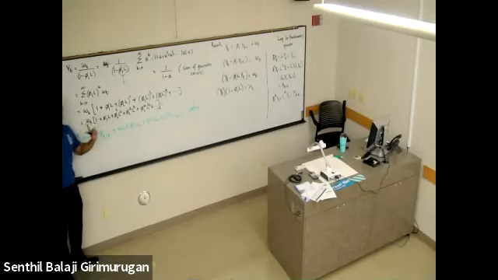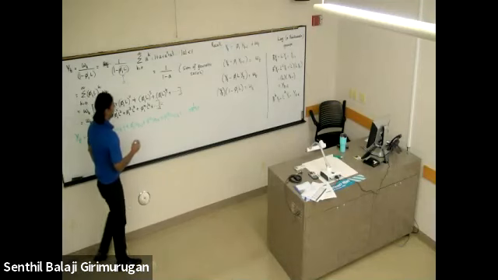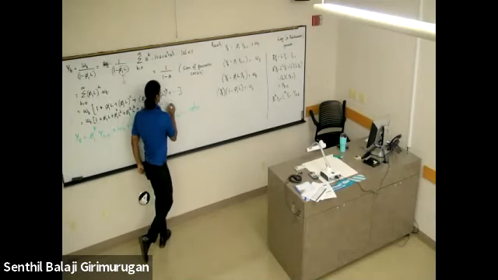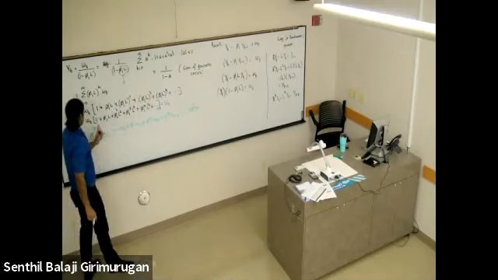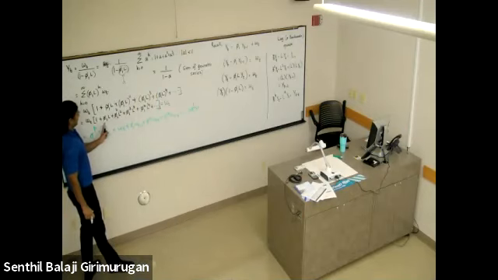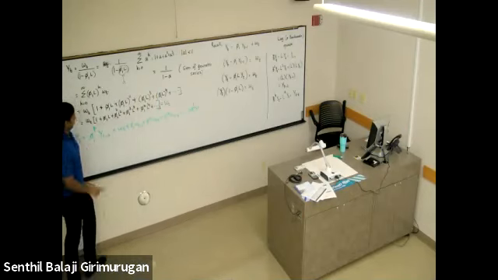I'm going to distribute W sub t in. W sub t times 1 is W sub t. W sub t times phi1 times L.